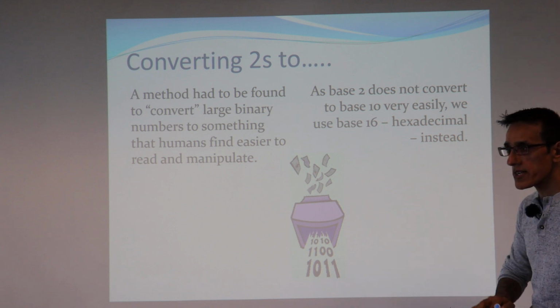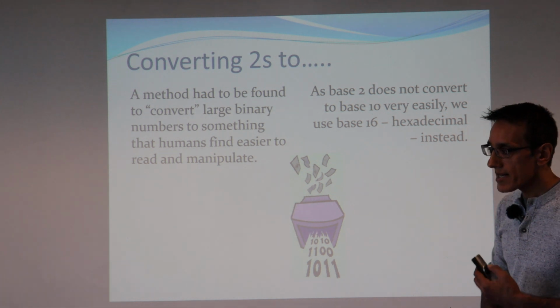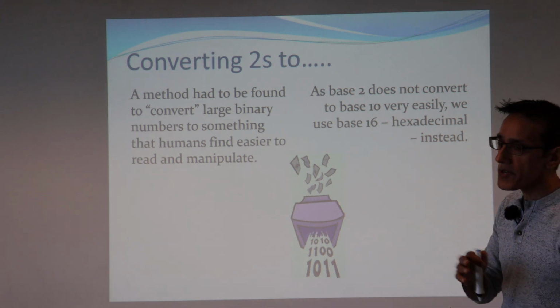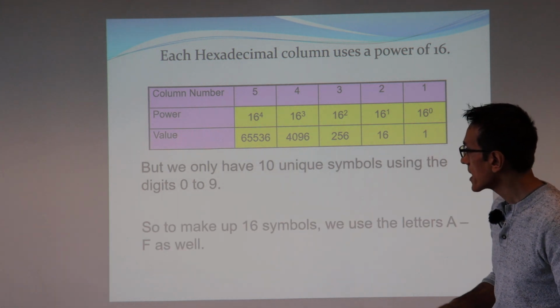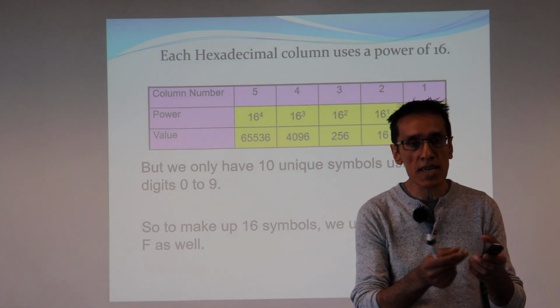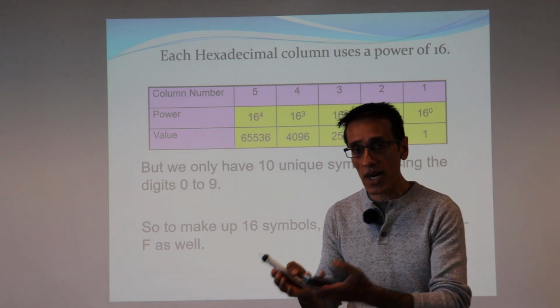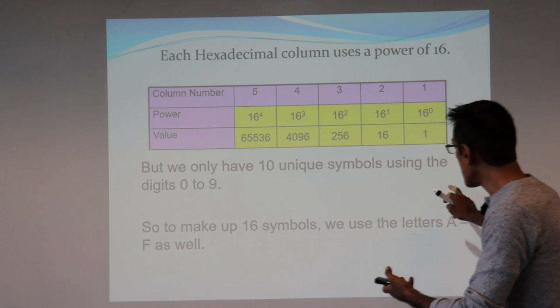Base 2 doesn't convert to base 10 very easily, as we saw. However, base 2 to 16 is pretty straightforward. Remember, base 10 has 10 symbols, base 2 has 2 symbols, therefore base 16 must have 16 symbols.